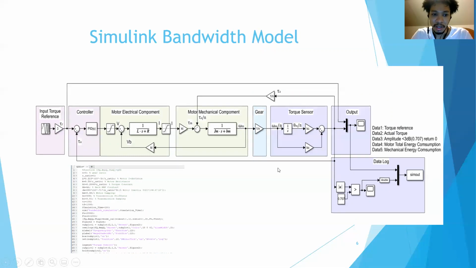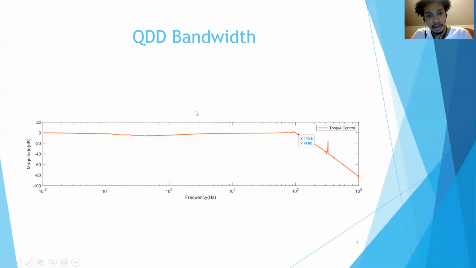Now manipulating these values gives different results. When I increase the proportional and the integral gains, I saw a decrease in bandwidth, while increasing the derivative gain, I saw an increase in bandwidth for both the QDD and the SEA. And we have the transfer function blocks here. You can see how everything is linked.